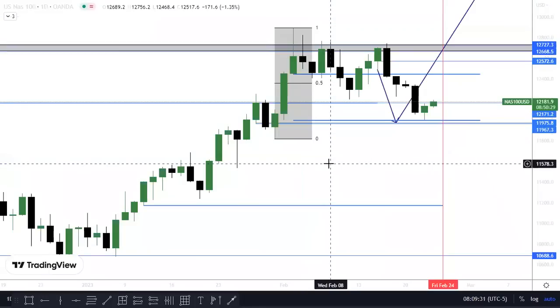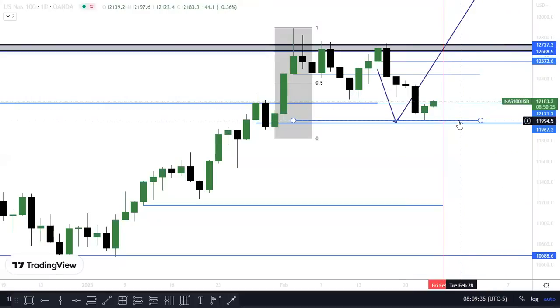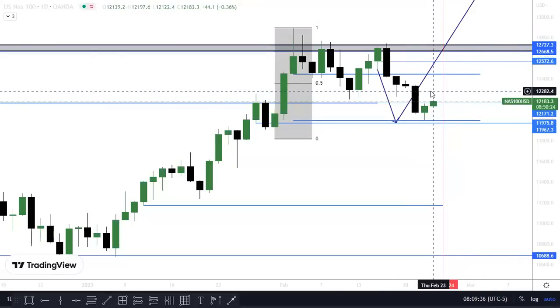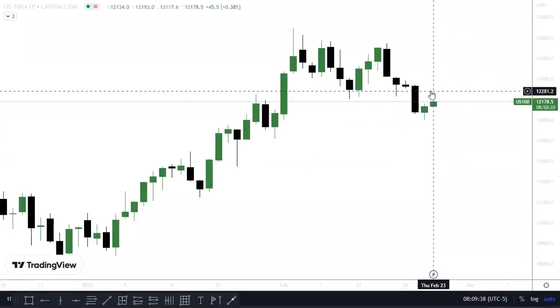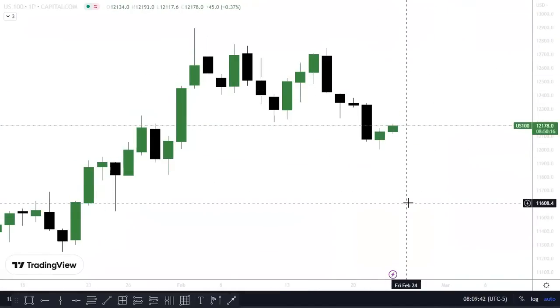So you've all seen this analysis, what I'm expecting. So I'm gonna be hinging on that a lot. Okay, so daily order flow, bearish at the start of the week.